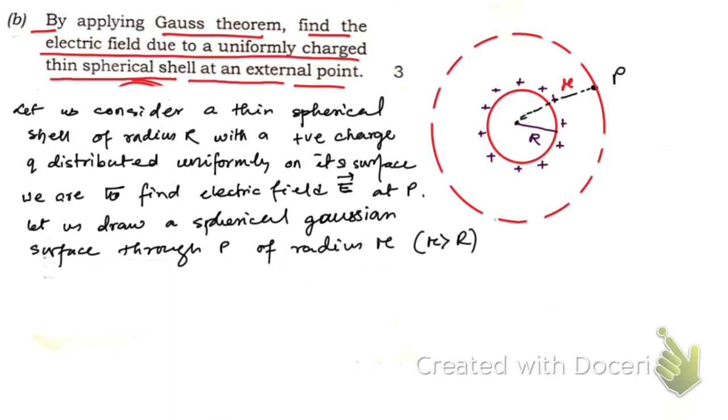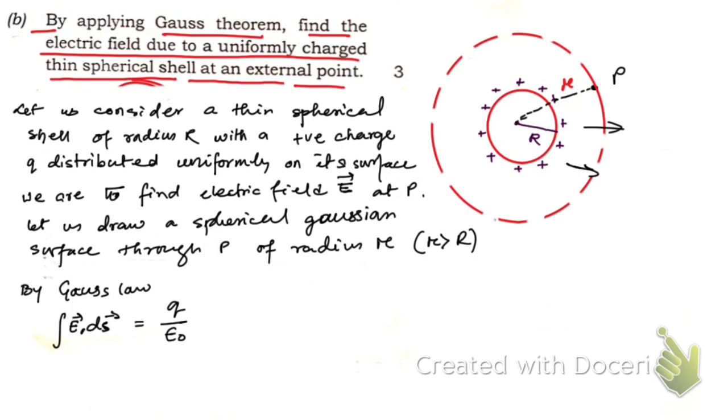Here r is greater than capital R. By Gauss law, the electric flux through this Gaussian surface is given by the integral of E dot dS. According to Gauss law, it must be Q enclosed by epsilon naught.